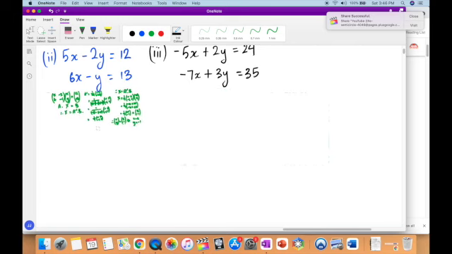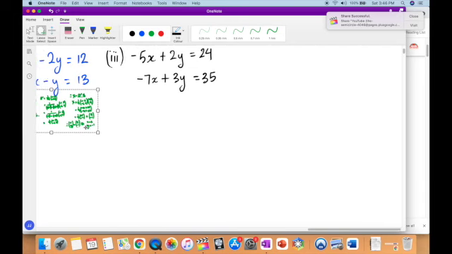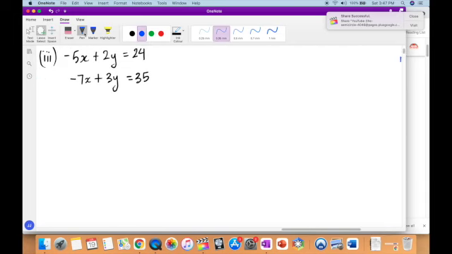So let's check out this last one here now, and then we'll move on with the other questions. So we have here our matrix negative 5, negative 7, 2, 3, right, is equal to 24, oh no, not equal to, I have to multiply it by xy, and that is equal to 24, 35.